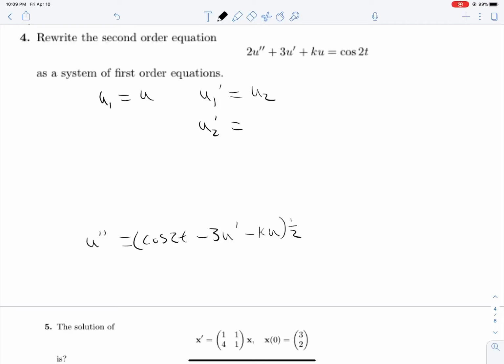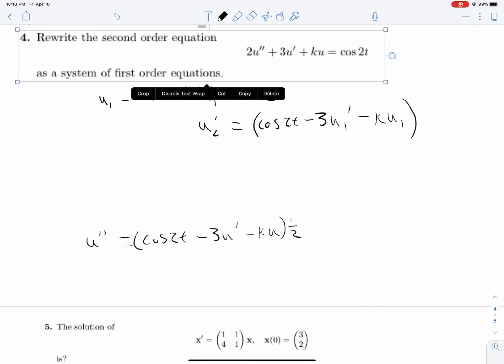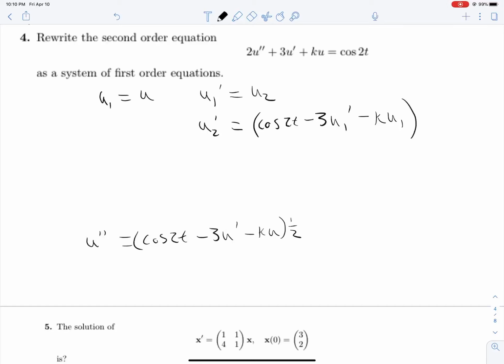And so expressing this in terms of u, we will have cosine 2t minus 3 u1 prime minus k u1, where u1 prime is the same thing as u2.